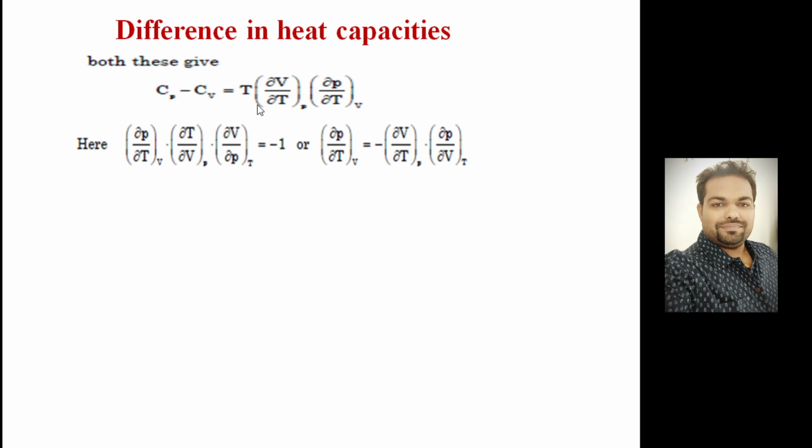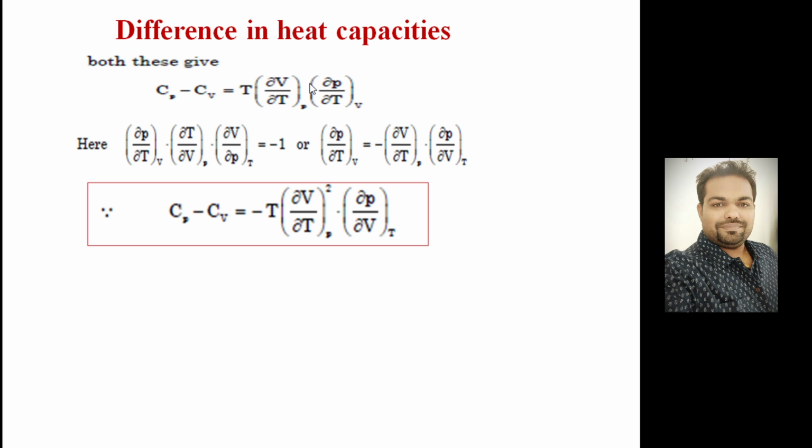Just look at this term right here, which term is matching with this? Only this term is matching, and this term value we can take from this complete equation. This term is available here, that is nothing but -1 divided by this term, or you can reverse it: dou V by dou T at P. So from this equation I can say dou P by dou T at V is equal to minus dou V by dou T at P multiplied by dou P by dou V at T. So substitute this value in this equation.